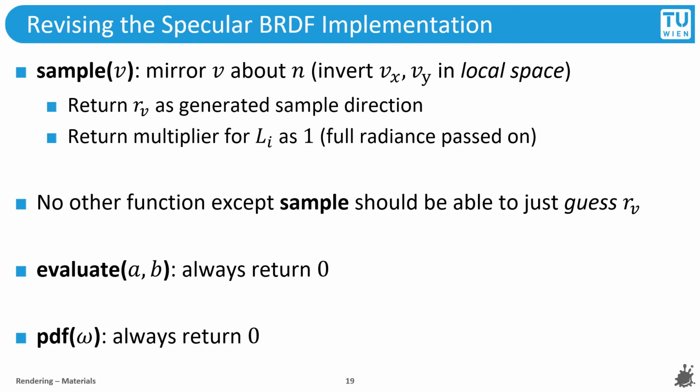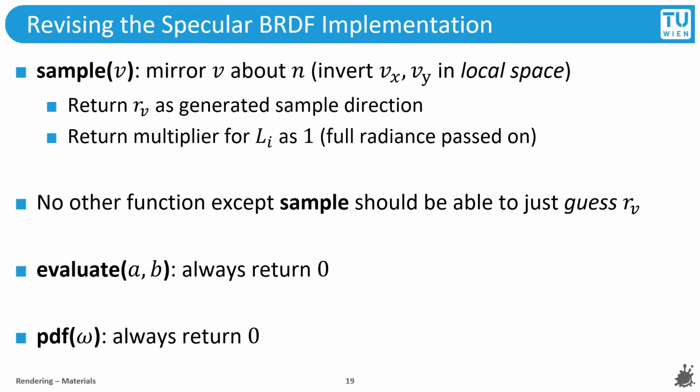With this in mind, we go back to the specular BRDF and take a closer look at its updated version. We will now assume that any operation that actually wants to find the proper mirror direction for an input will do that by using the sample method, which for a given unit vector v always produces rv.